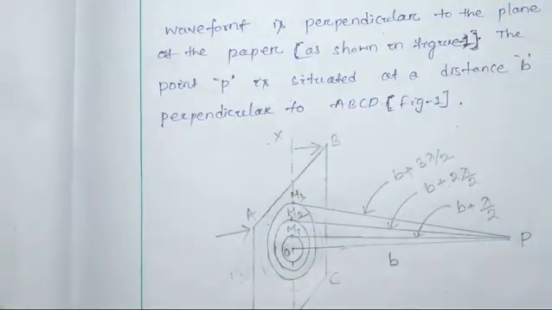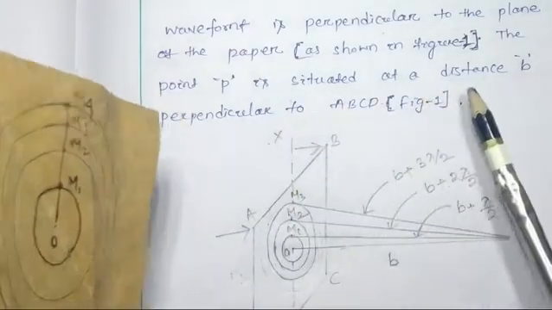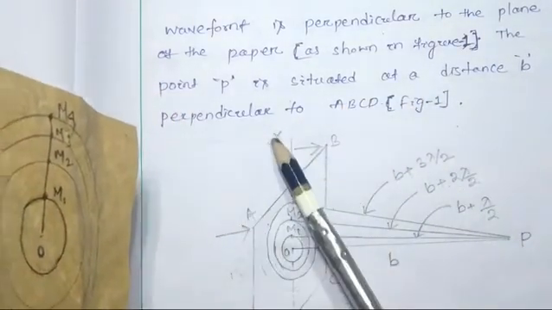Now the point P is situated at a distance B perpendicular to ABCD.